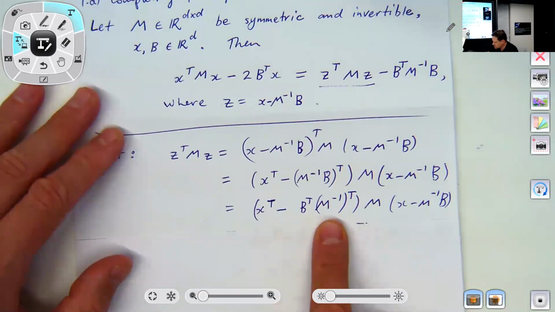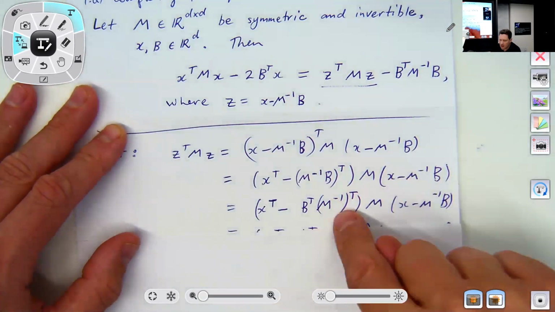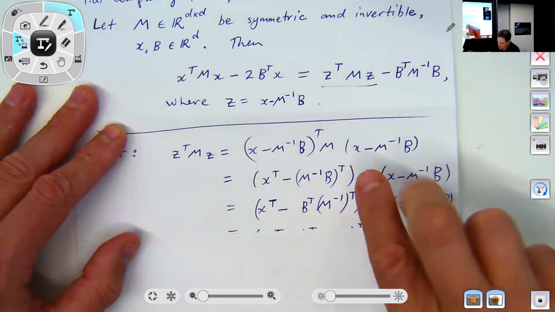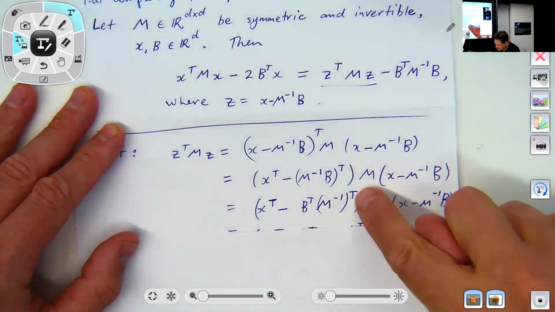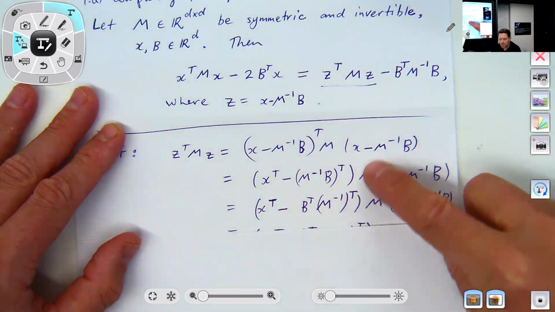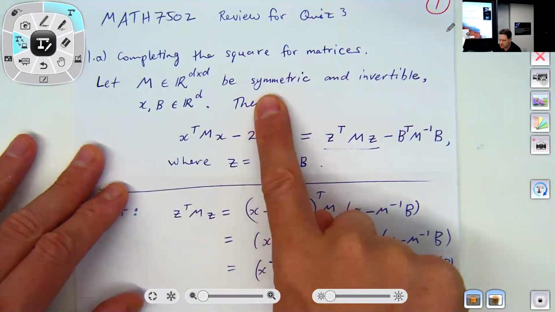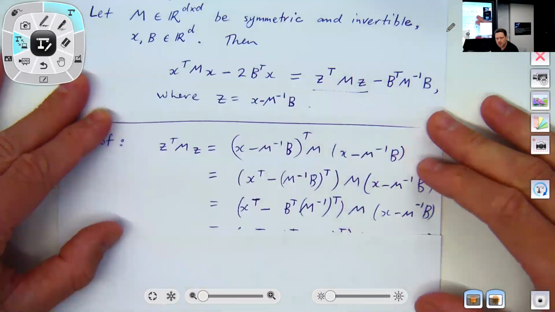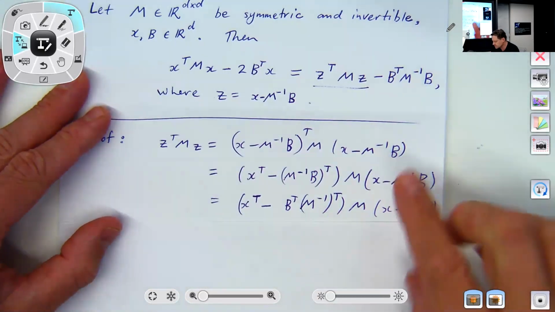And next what we want to do is take that transpose inside, or swap the order of the transpose and the inverse, which we can do as well. So I pulled the transpose inside the bracket and the inverse symbol on the outside. But the point of doing that is that since M is symmetric, M transpose is equal to M. And so really this is just M inverse.